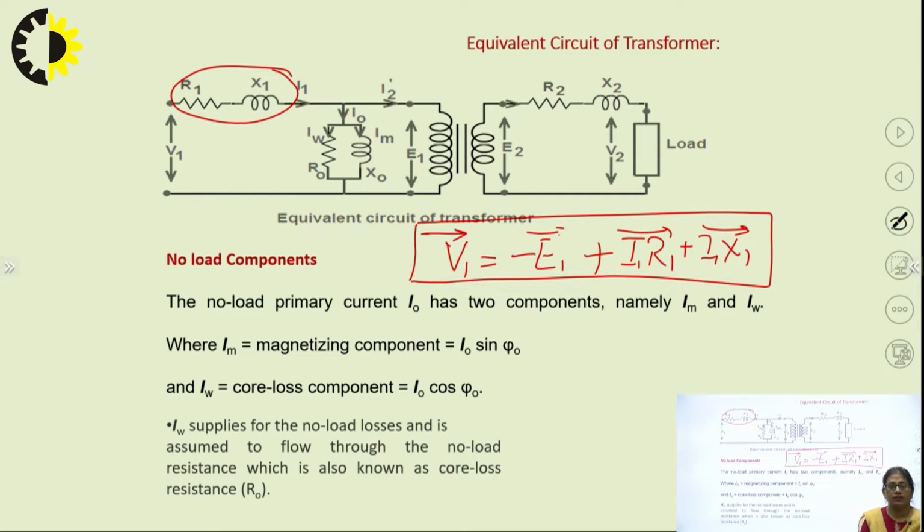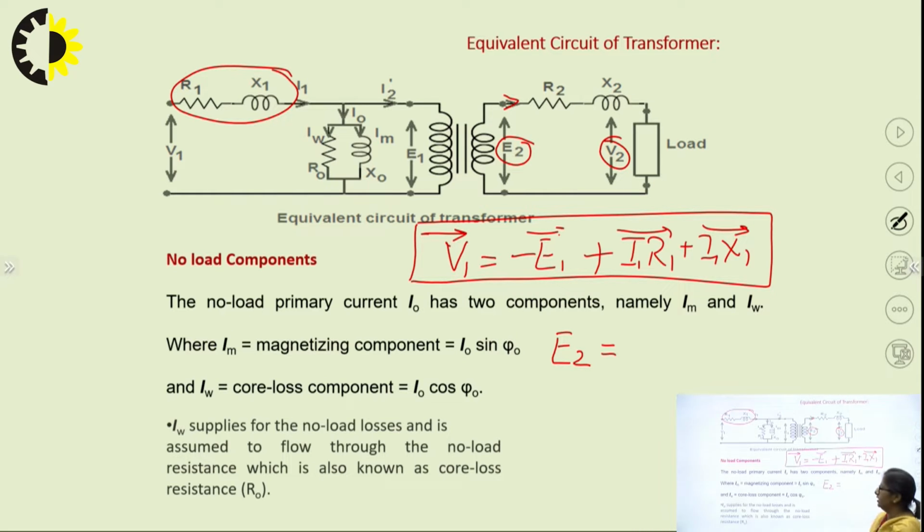Secondary, what is the relationship between the secondary induced EMF and the secondary terminal voltage? Once again, the KVL has to be used, and that can be given by, if you just see, this time E2 must be equal to, the current flowing direction is this way. So this is positive, negative, positive, negative, positive, negative, positive, negative.